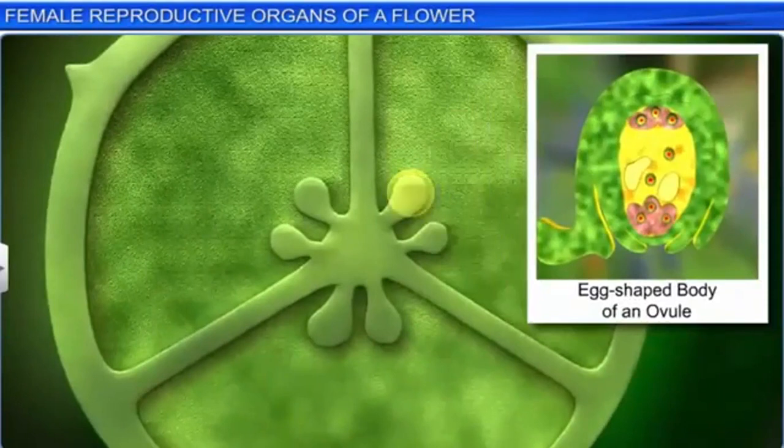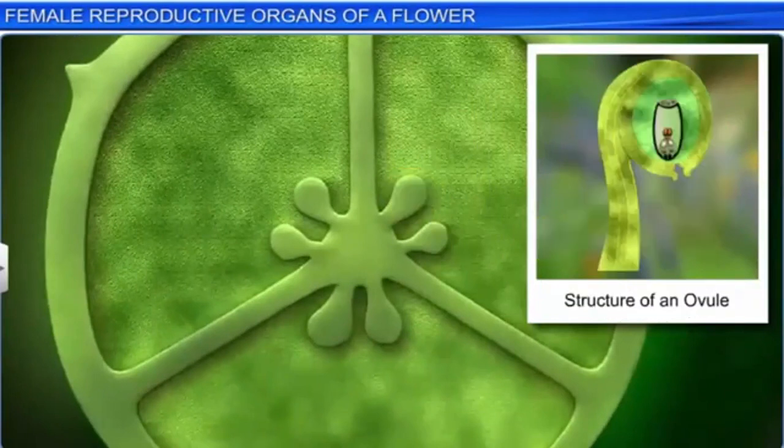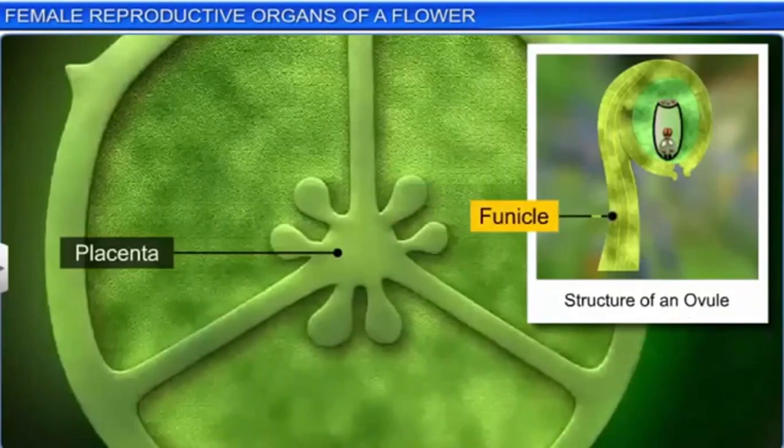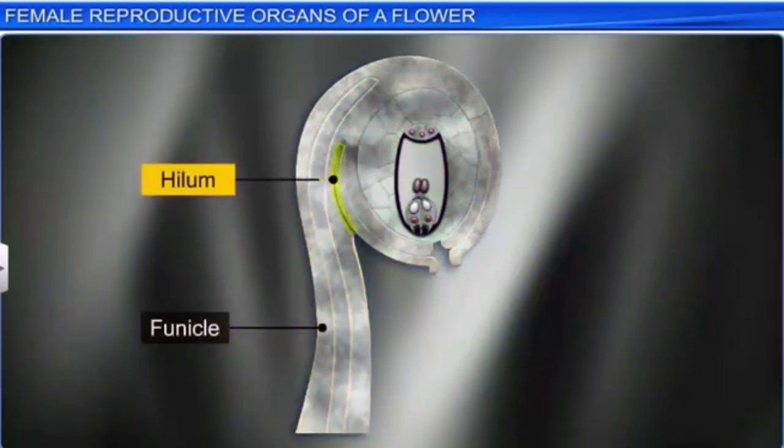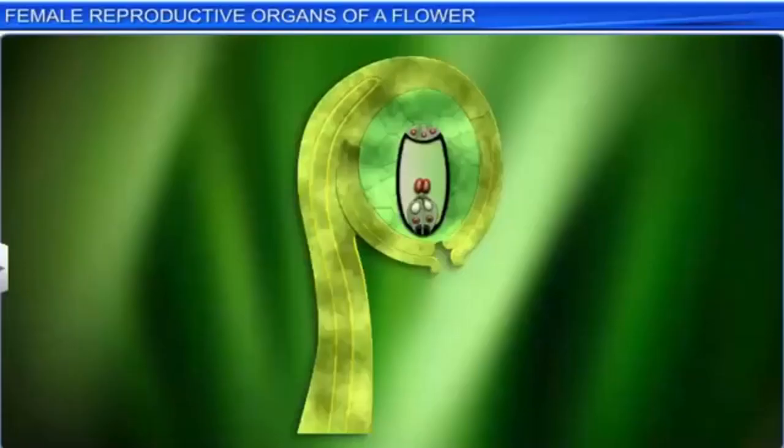Each ovule consists of an egg-shaped body. This ovule is attached to the placenta through the stalk-like structure called the funicle. What is funicle? It's the stalk of the ovule. It attaches to the ovule at the region called hilum, so it is the junction between the funicle and the ovule.